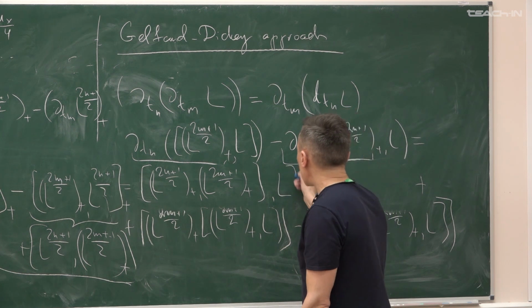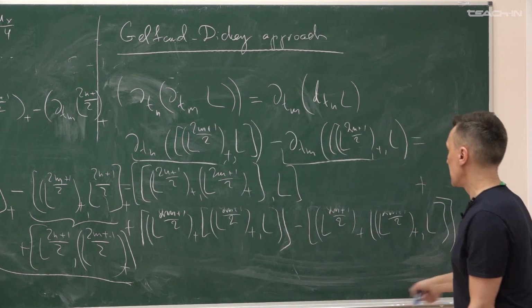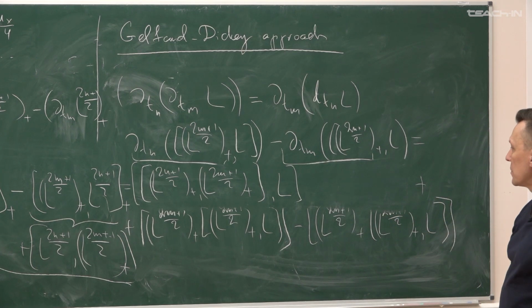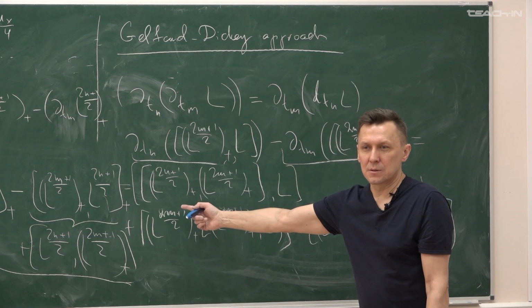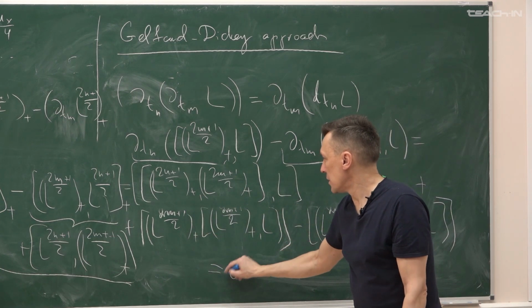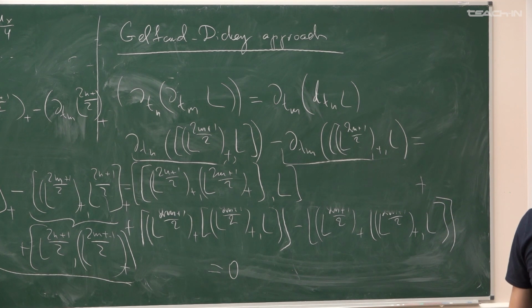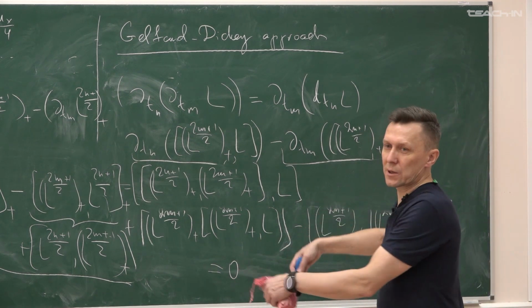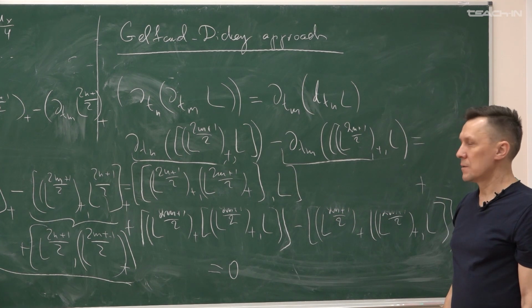But we have the commutator with L here, plus this form. And my statement is that this is a Jacobi identity. So it is 0 because it is just a Jacobi identity for 3 elements of this algebra of pseudo-differential operators, of differential operators, whatever. Okay?